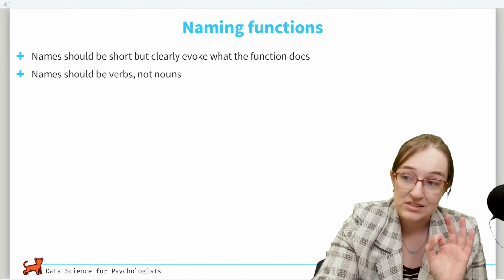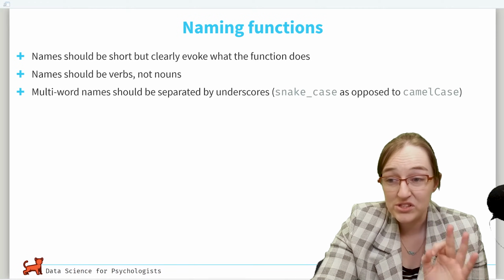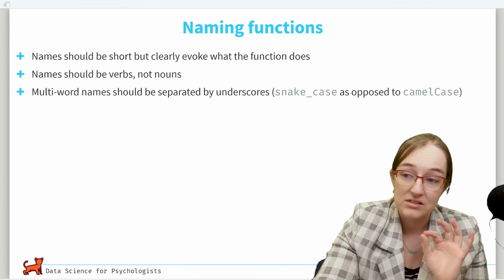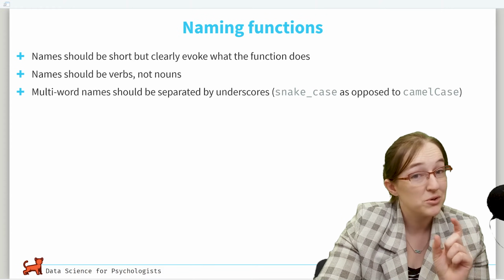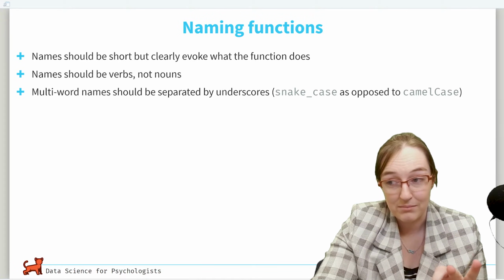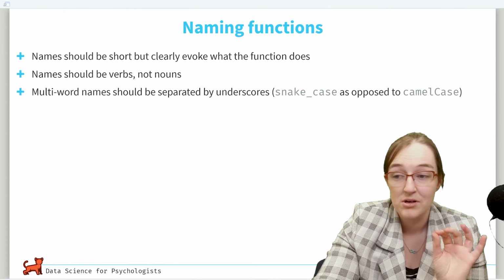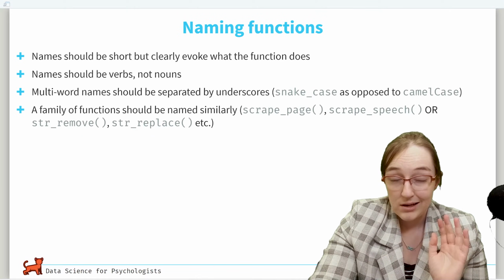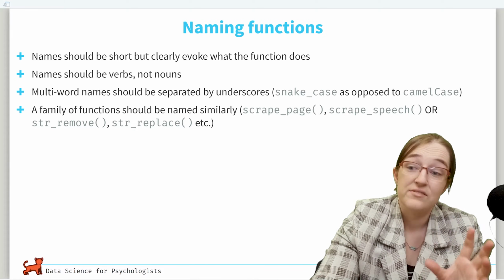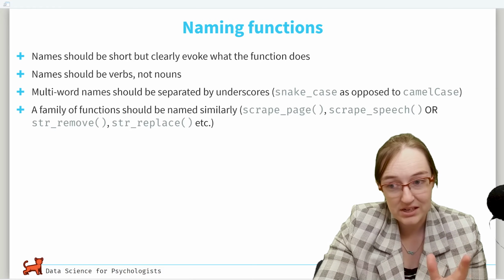Another general rule is names should be verbs, not nouns. And multi-word names should be separated with underscores. So we're talking snake case as opposed to camel case, where all the distinguishing features are capitalizations. And also, just for the sanity of your user, a family of functions should be named similarly.